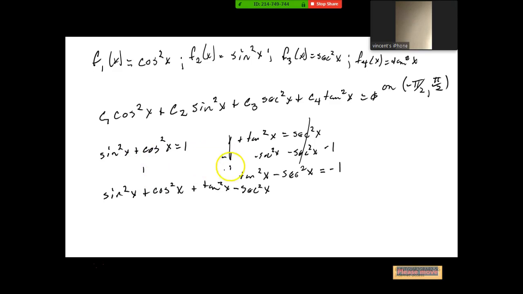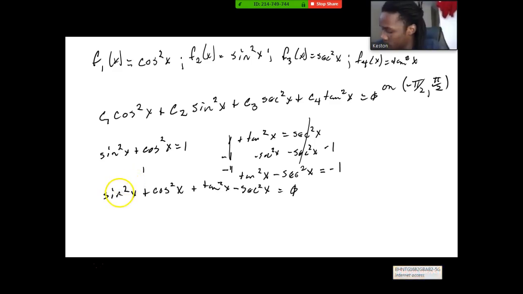And what's 1 minus 1? 0. Guess what I've just done? I've come up with some set of C1, C2, C3, and C4 that makes that equal to 0 for every value x between minus pi halves and pi halves, because sine squared plus cosine squared is 1, and tangent squared minus secant squared is negative 1. The sum of those is 0.